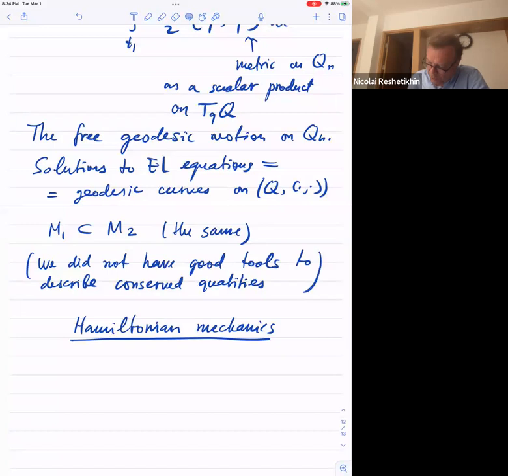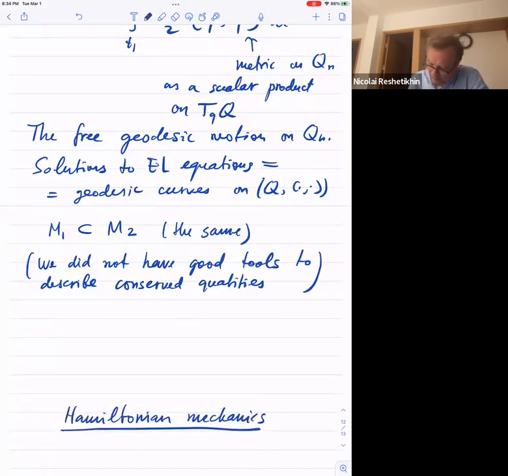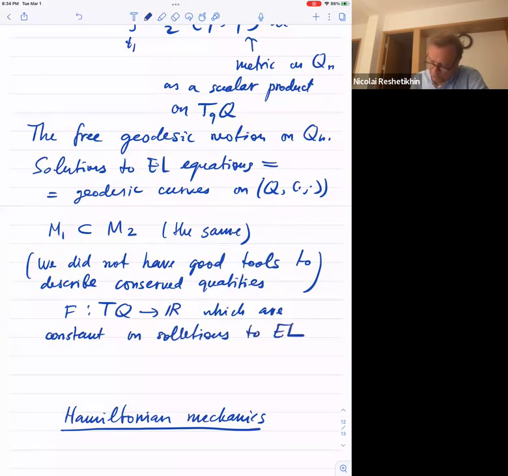What do conserved quantities mean? They are functions on the tangent space which are constant on solutions to the Euler-Lagrange equations.